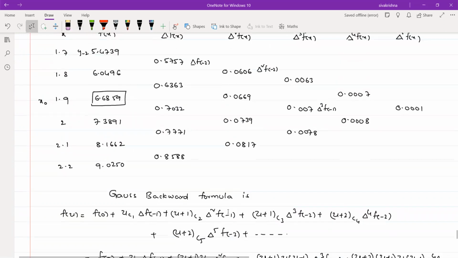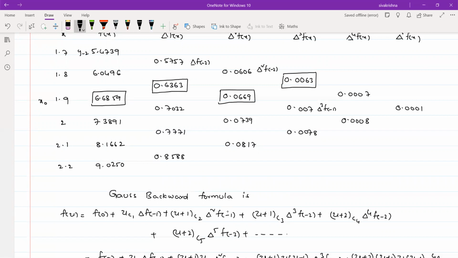The second value in the first difference is the value of delta f of minus 1. And after that we want delta square f of minus 1. Once again the second value in the second difference is delta square f of minus 1. And after that we want delta cube f of minus 2. So the first value in the third difference is delta cube f of minus 2.